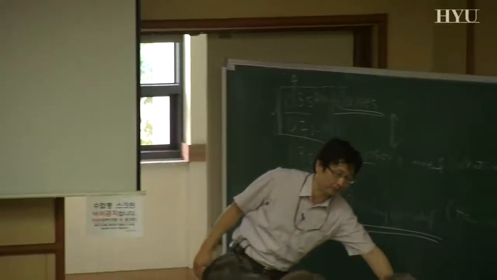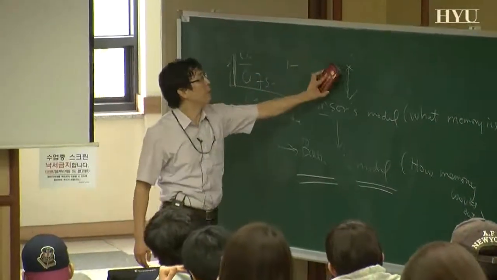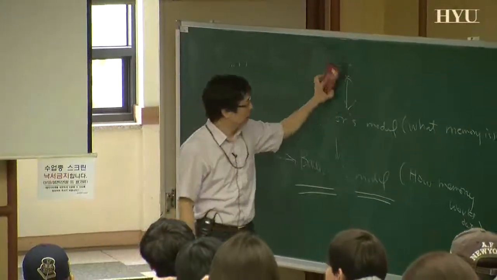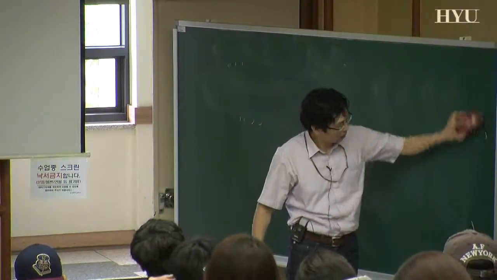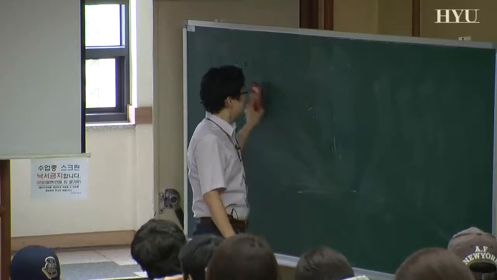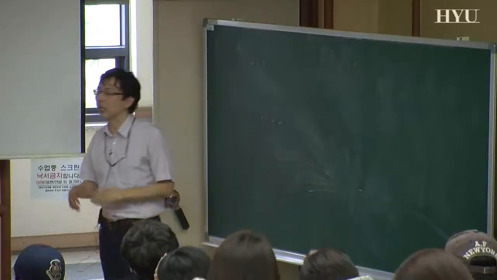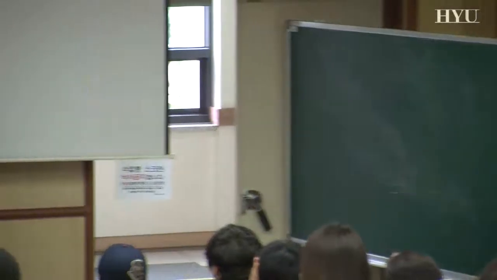Now we go into short-term memory by Atkinson. That is the major part of the Atkinson model. What Atkinson and Shiffrin believed is that probably we have a short-term memory.